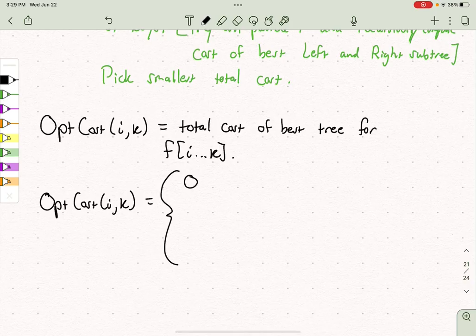The base case is easy. The optimal cost is 0 if I is greater than k, and so we have no keys.